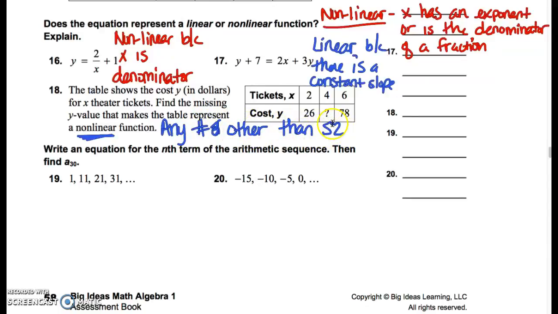If we put 52 in there, then with just the y's, we'd be adding 26 every time. And we don't want that constant pattern in there because we want it to be non-linear. Okay?